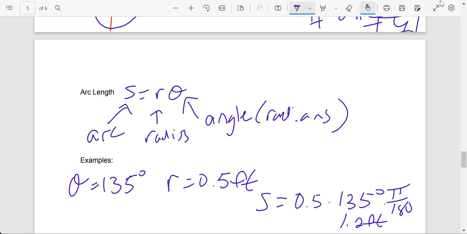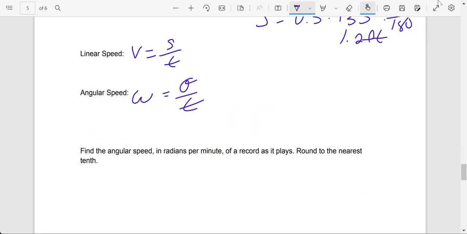Of course it does. Two more things you're going to calculate are linear speed and angular speed. Linear speed is v equals s over t. t is time, s is arc length, and v is velocity, or your linear speed.